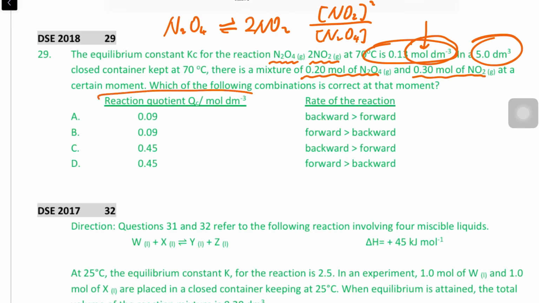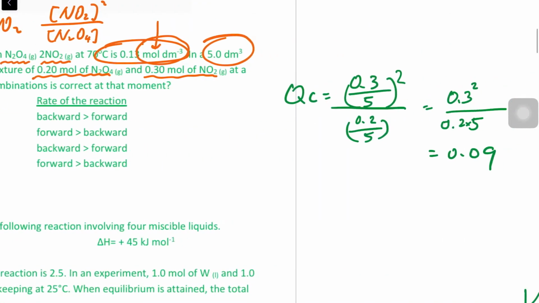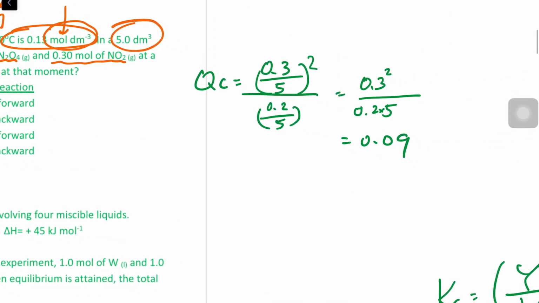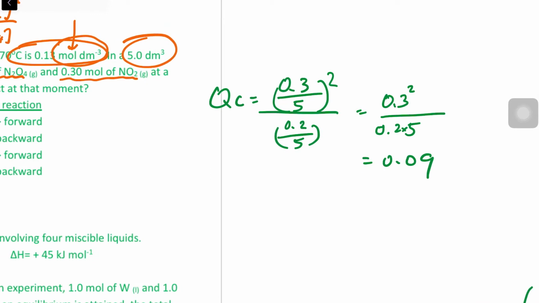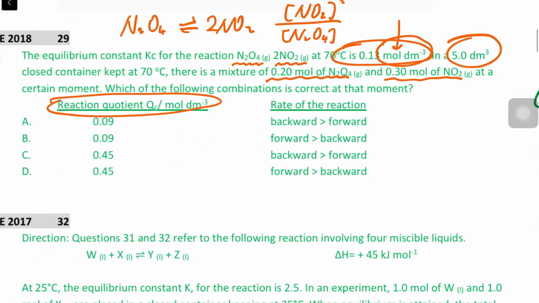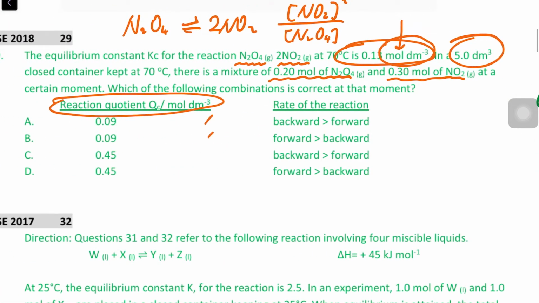So you need to calculate the reaction quotient. Okay, so let's see here. With the calculation, NO2 squared over N2O4, the reaction quotient is 0.09. So either A or B. But if you compare the reaction quotient and the Kc, you find that actually Qc is less than Kc.